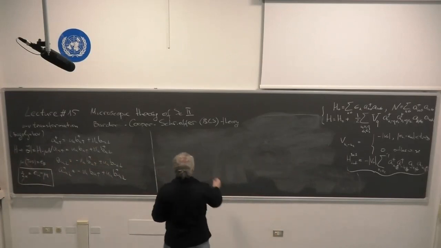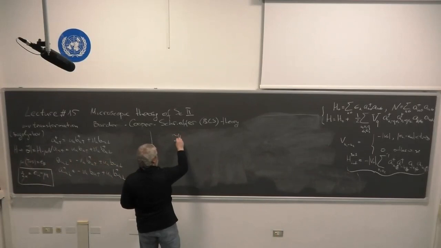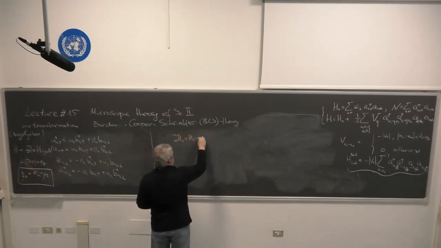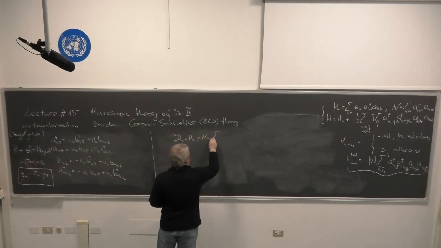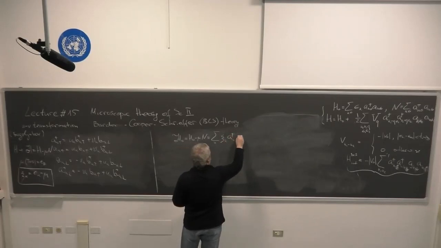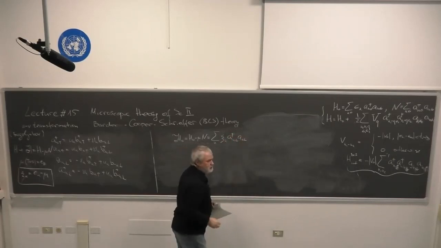So then H_0, which is H_0 minus mu N, is equal to the sum over k of psi_k a_k sigma dagger a_k sigma.